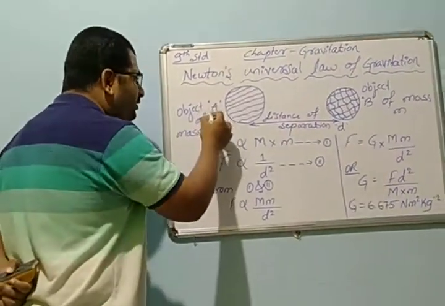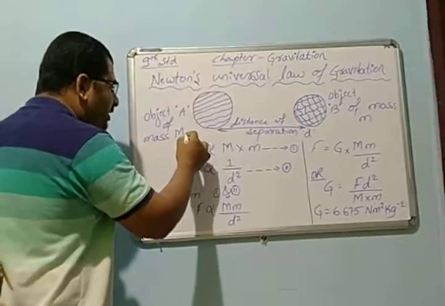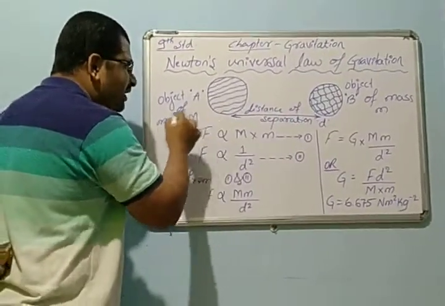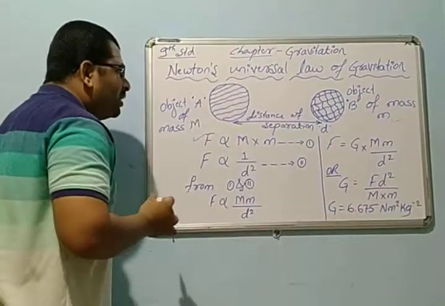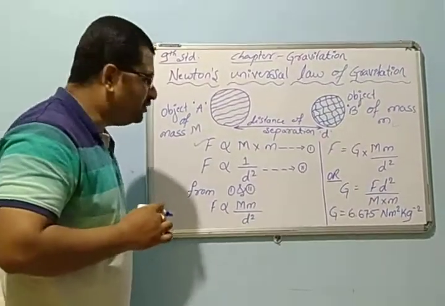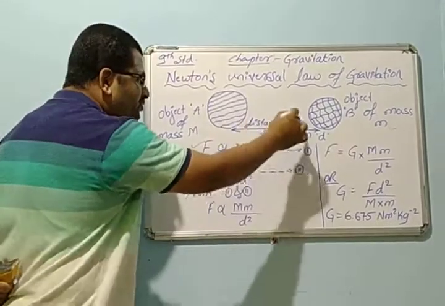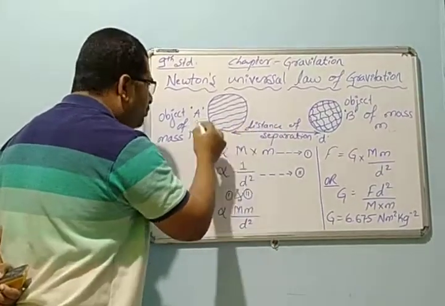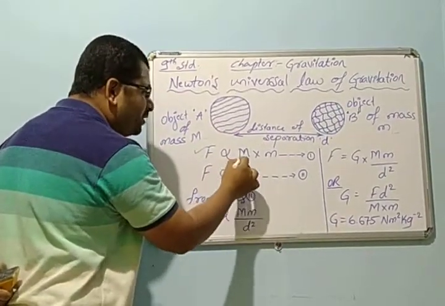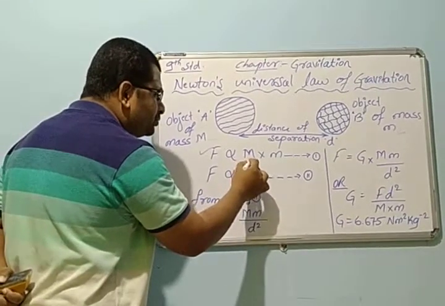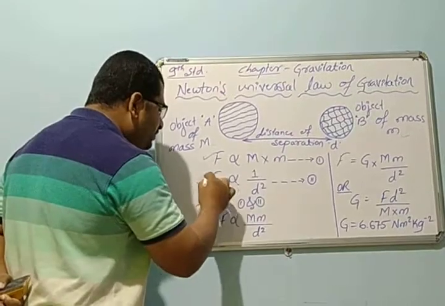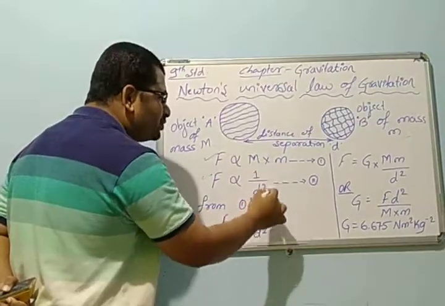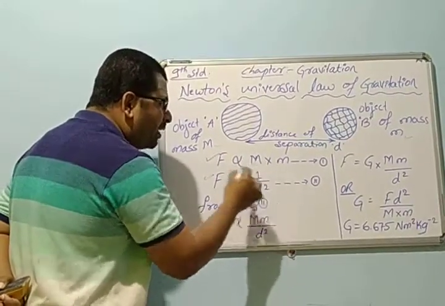Here I have taken an object A of mass capital M, and object B of mass small m. According to Newton's law of gravitation, the force of attraction between object A and object B is directly proportional to the product of their masses, capital M and small m, and inversely proportional to the square of the distance between them, that is 1 by d square.